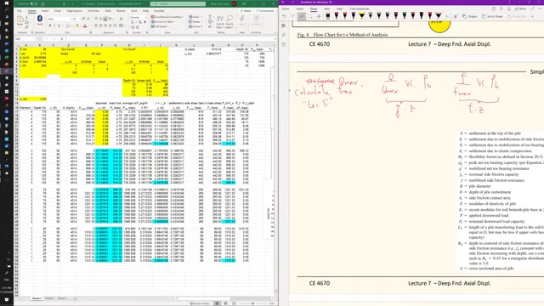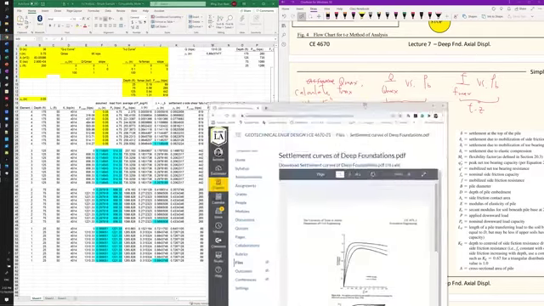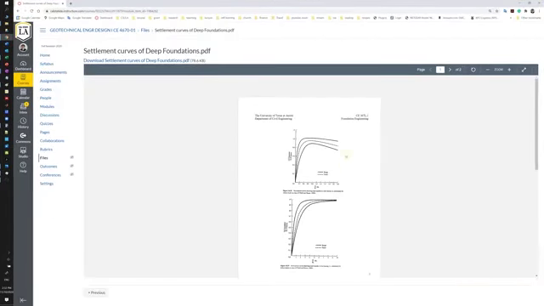And this too can come from literature. Past research has been done to tell you what the shape of the displacement curve looks like. And I uploaded one reference to Canvas, so you should be able to see this.